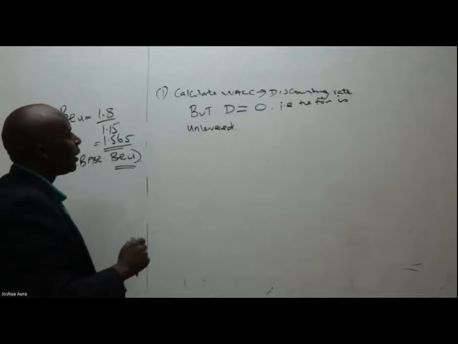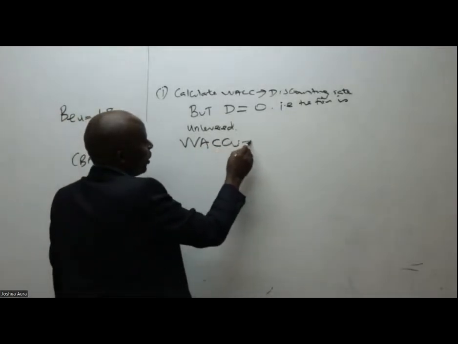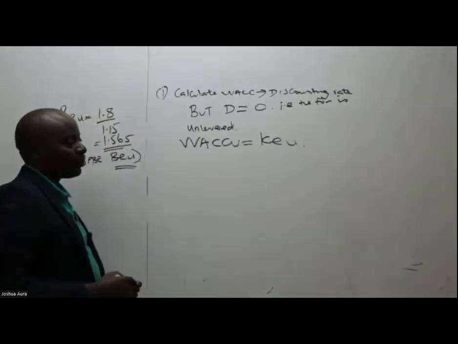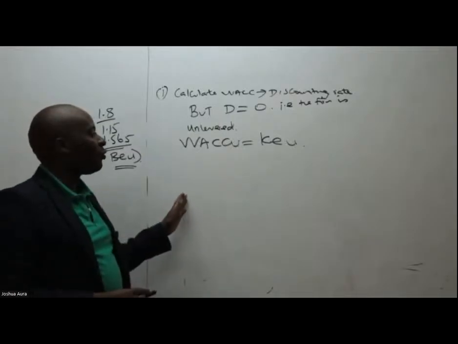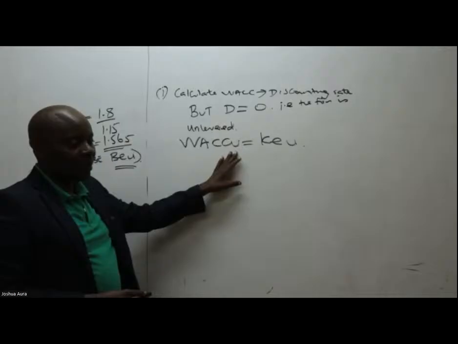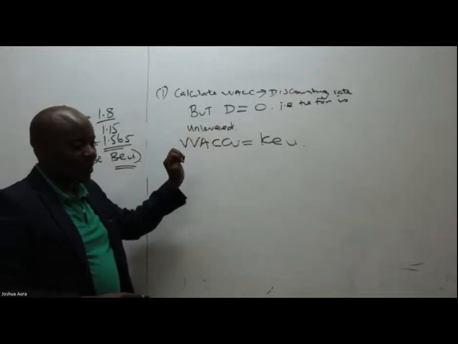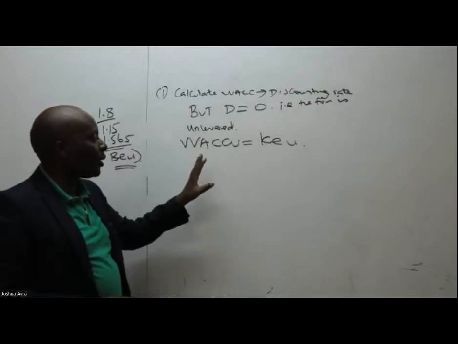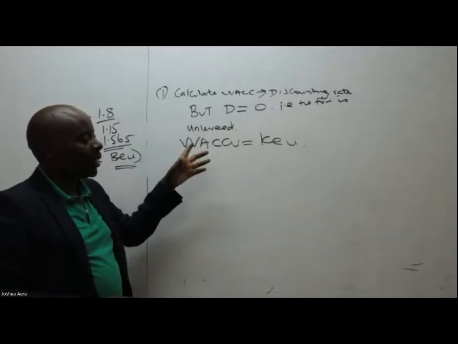If it's unlevered, ladies and gentlemen, what we used to call WACC equals Ke. Very, very important. The weighted average cost of capital of an unlevered firm will always be equal to the cost of equity of an unlevered firm. Some students sometime back told me WACC equals Ke. No. It's WACU equals KEU. And we can prove this.